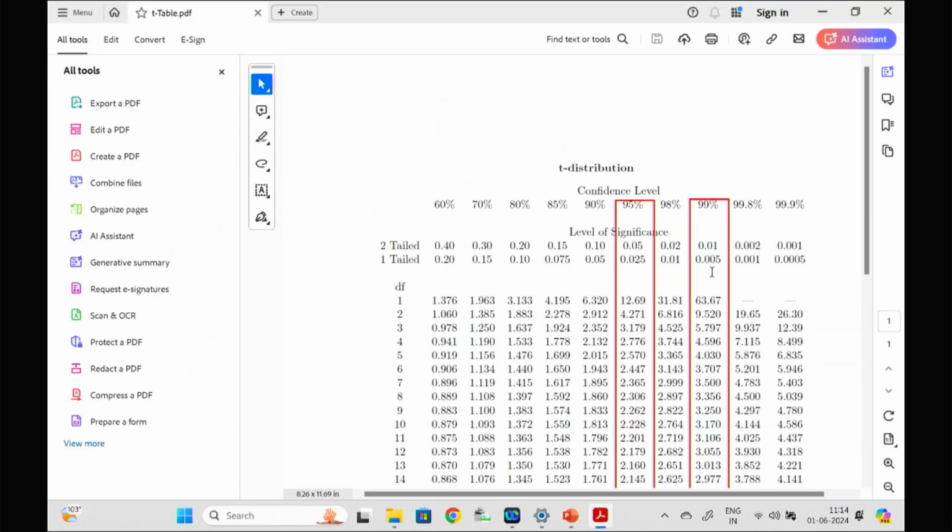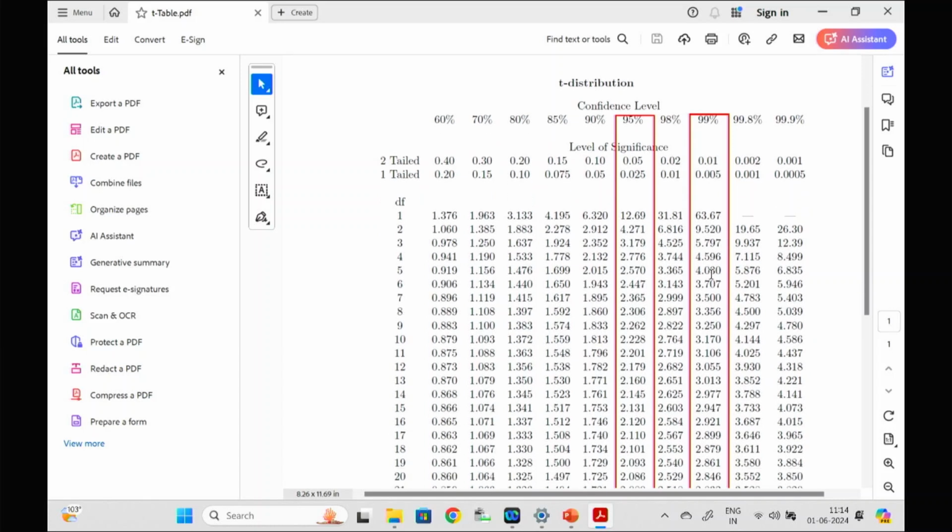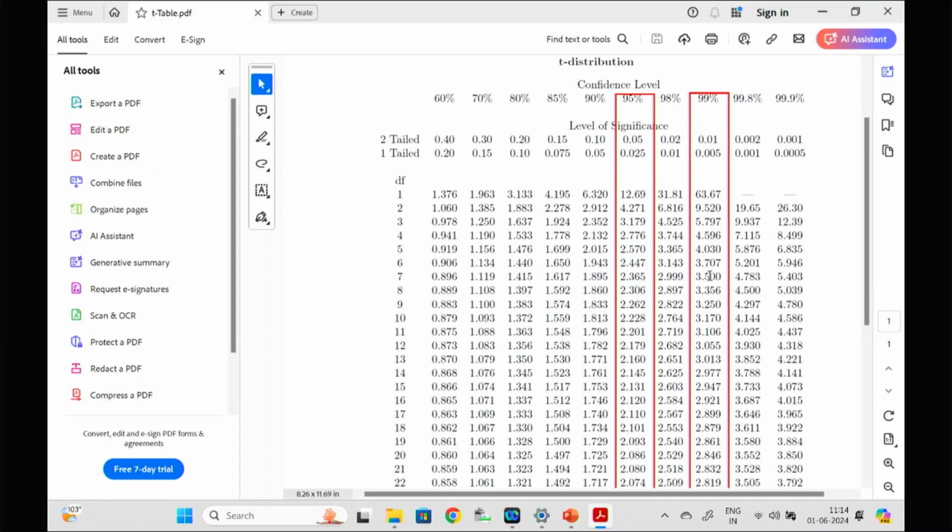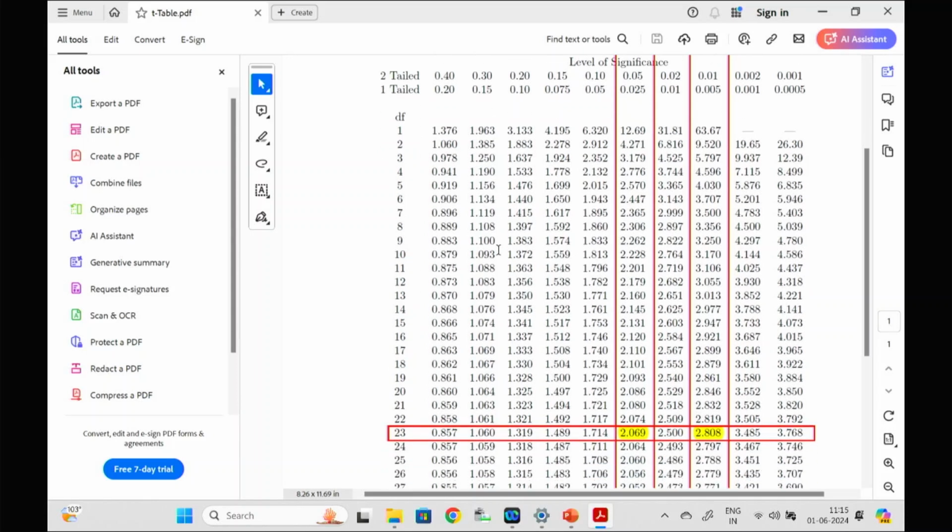You see, this is the table value, and here in the vertical column is the degree of freedom. This degree of freedom is basically n minus 1, as we have discussed, the number of specimens minus 1. That is the degree of freedom.